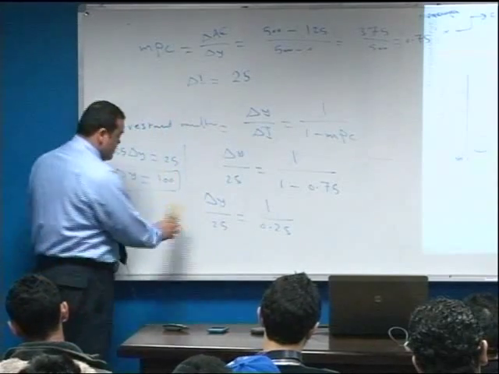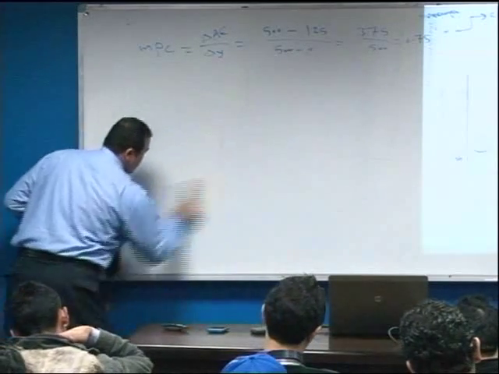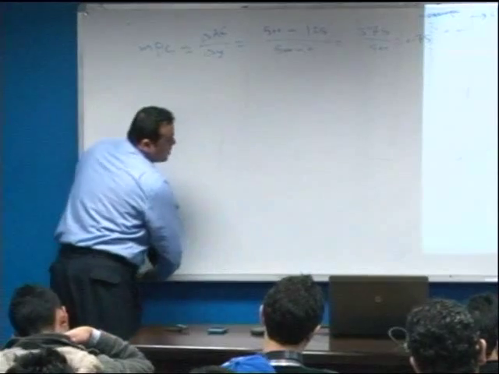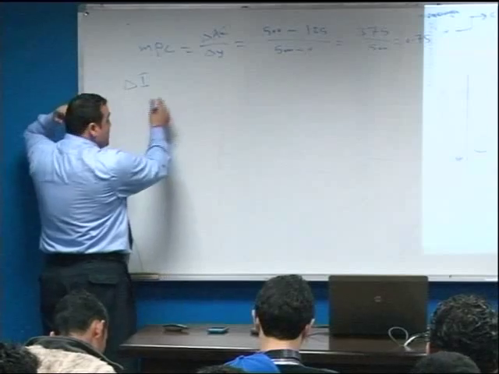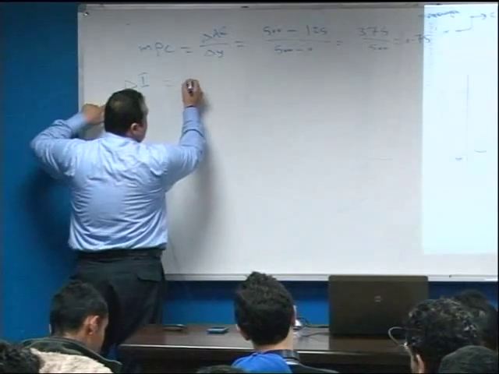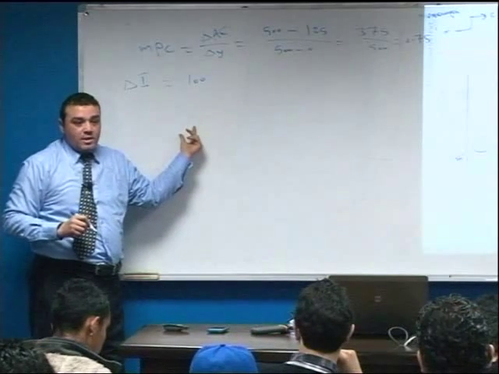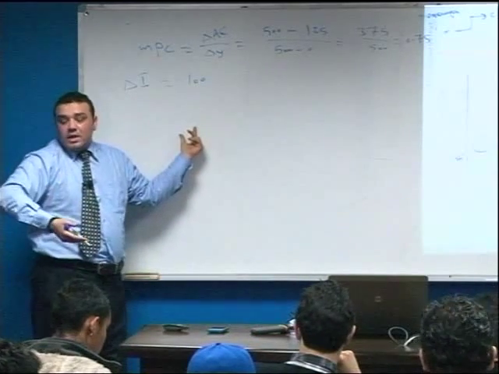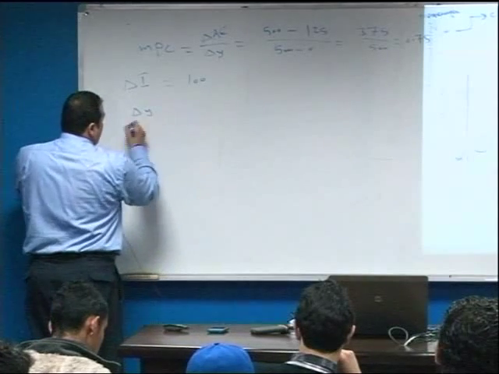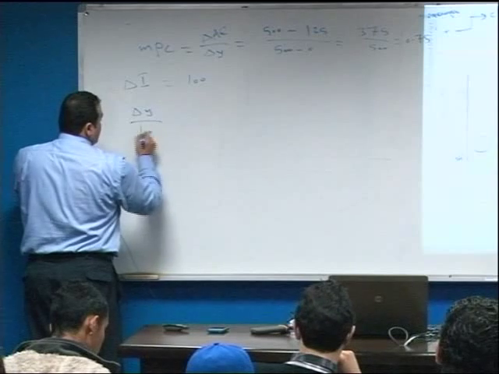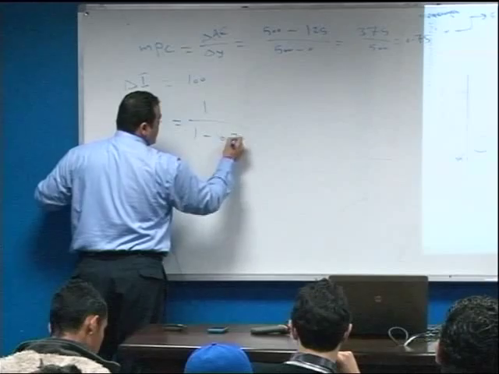And the MPC is the same. So we have an additional increase in planned investment of 100. Calculate the new equilibrium output. In this case, delta Y over delta I, 100, equals 1 over 1 minus MPC, which is 0.75.